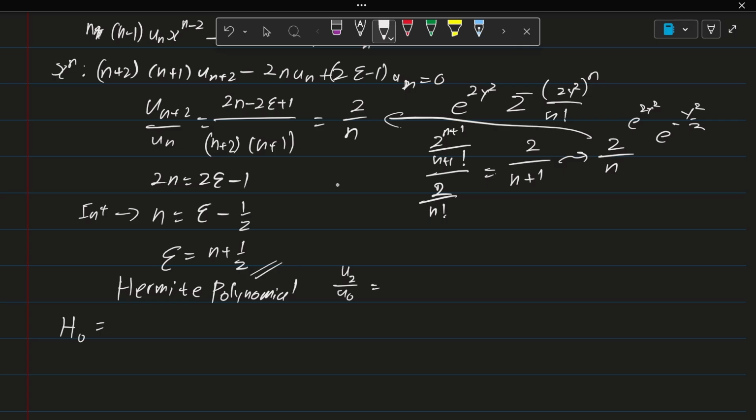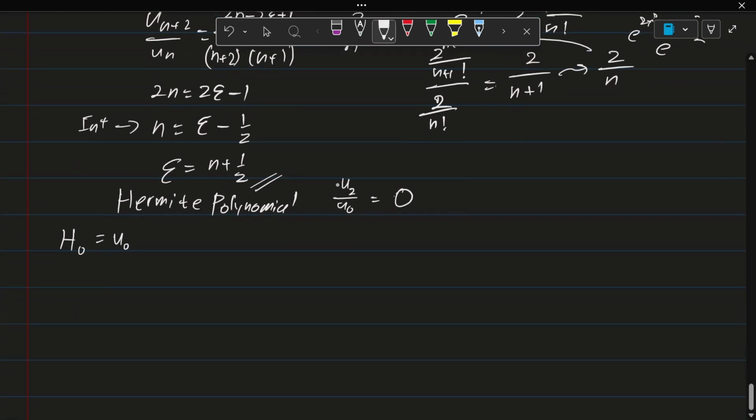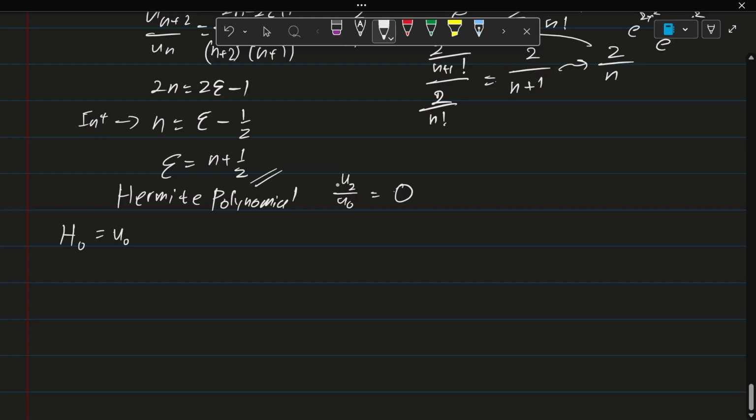So it's just going to be 2n over n plus 2. So 2n would just straight away resolve to a 0. So this is just u0. And so for the Hermite polynomials, the u0 is normally written as another number, written in a certain convention which I don't fully know, and also it's not really that important to know. So the first Hermite polynomial is just u0.